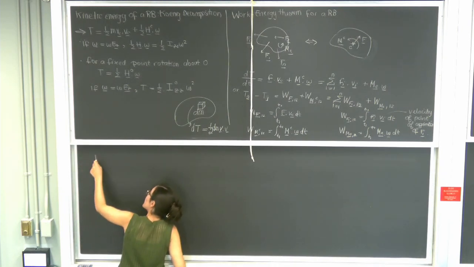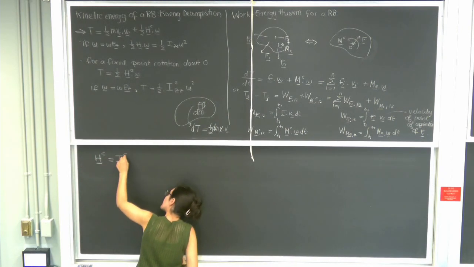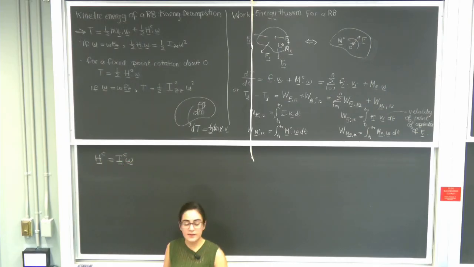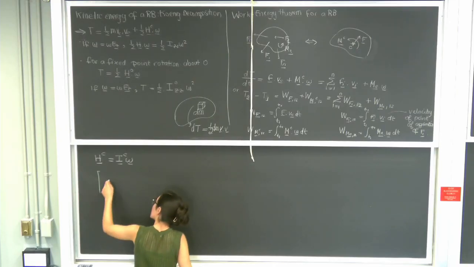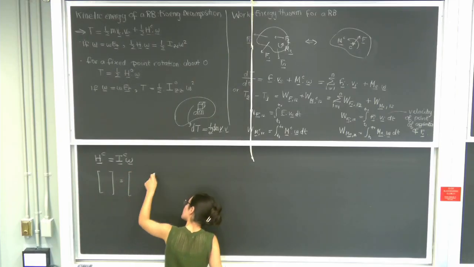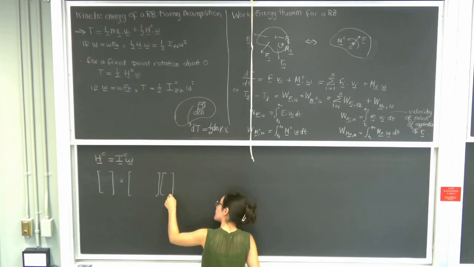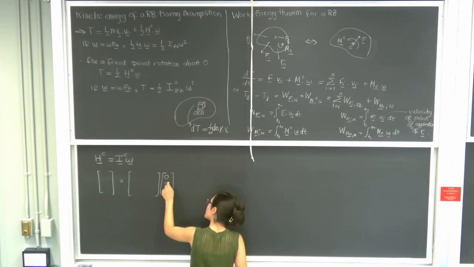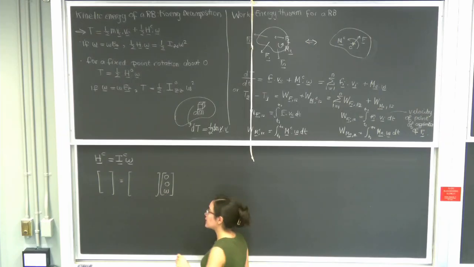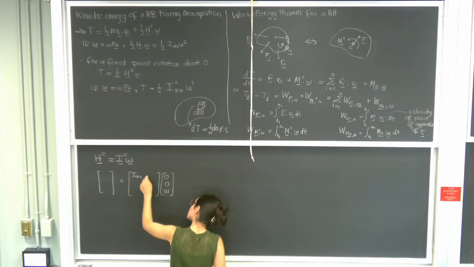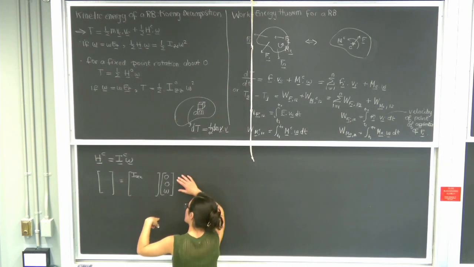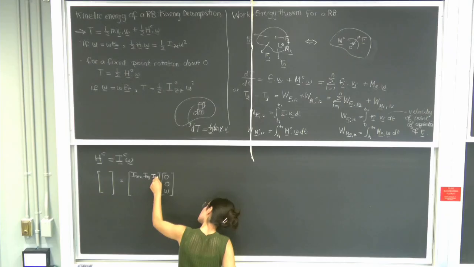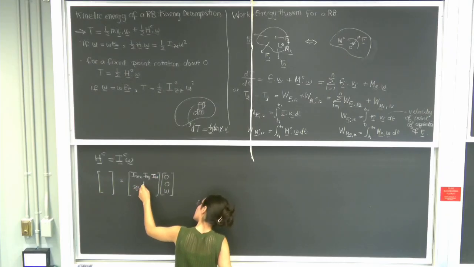So remember that HC is equal to IC omega. Okay, and we can write this as a matrix times a vector to get a vector. Now if omega is just along EZ, remember this is symmetric.